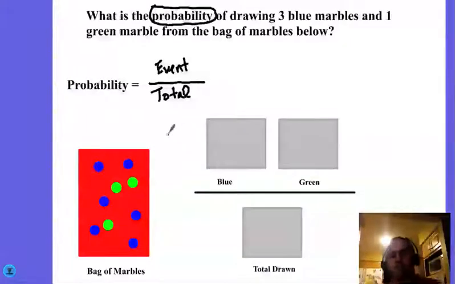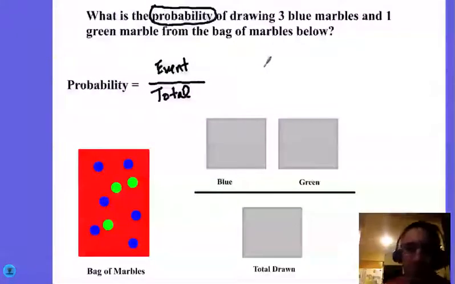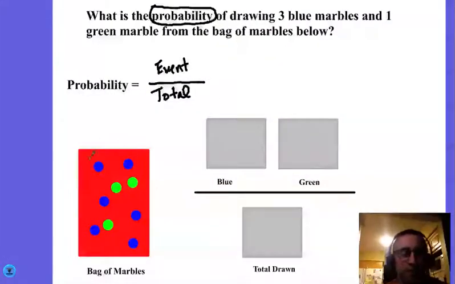So in this example, which is our last example, we are looking at a bag of marbles. Notice you have 6 blue and 3 green. And the probability is going to be the probability of drawing 3 blue marbles and 1 green marble from the bag.